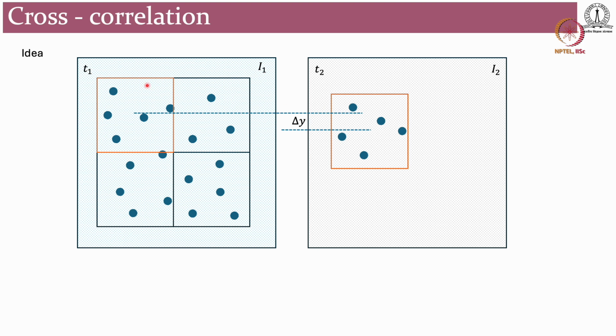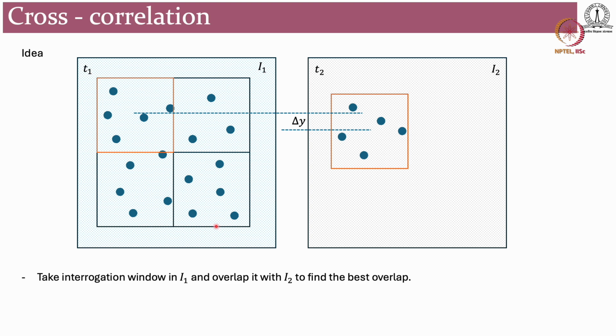You can pick this window and try to find the best overlap in the image at time t2. So basically you are picking one window, going to the t2 time instance, and trying to find the best overlap between these two. Once you get the best overlap, you get a correlation peak, the maximum correlation peak, and using that you can say how much the particles have displaced.